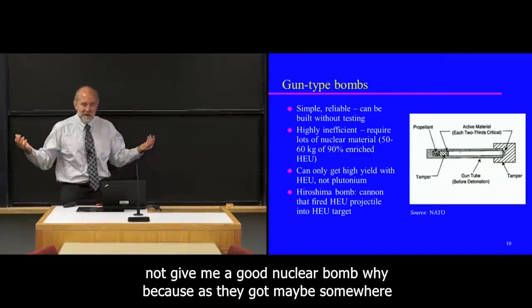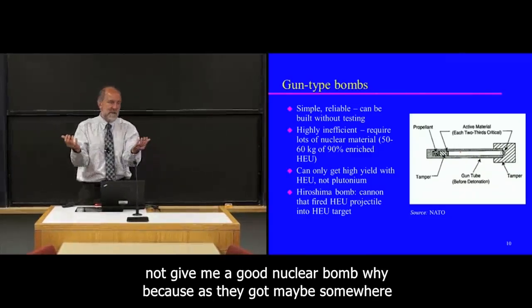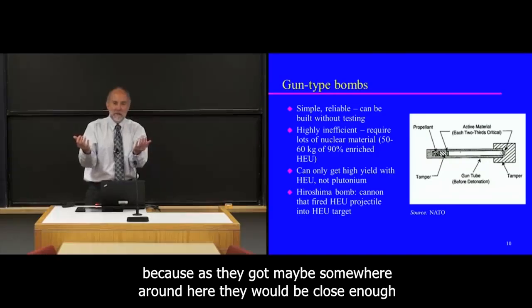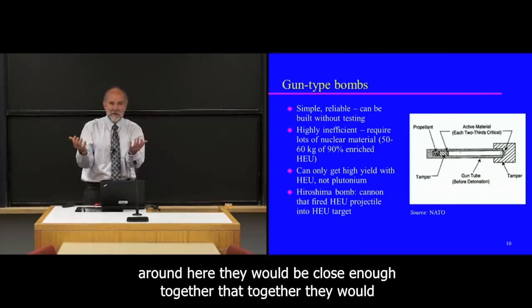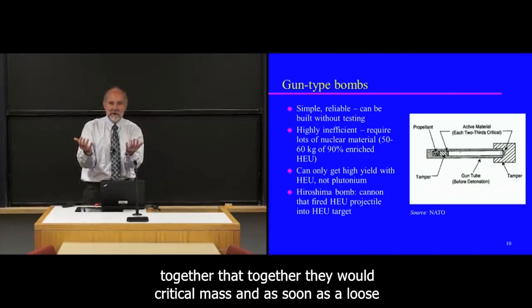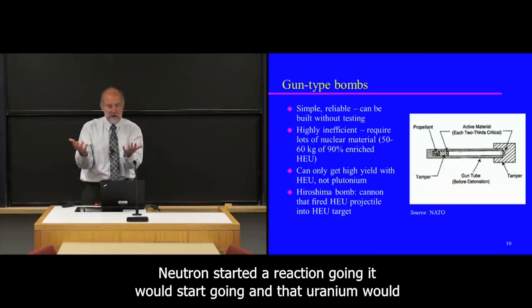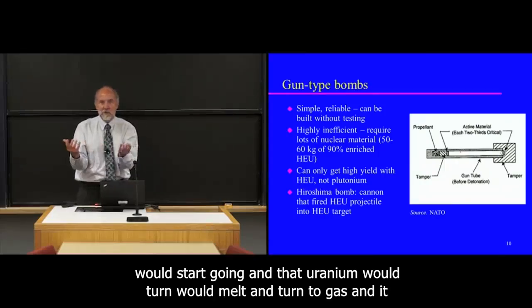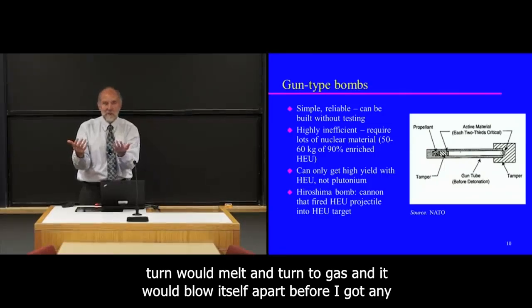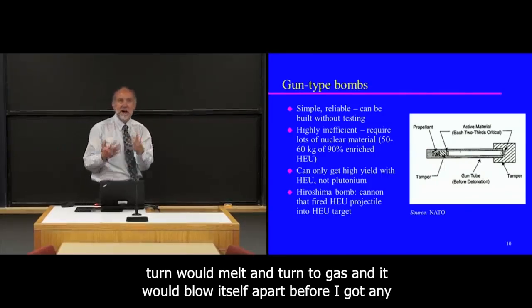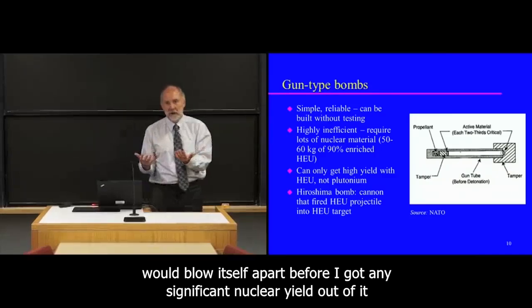Why? Because as they got maybe somewhere around here, they would be close enough together that together they would be a critical mass, and as soon as a loose neutron started a reaction going, it would start going. And that uranium would melt and turn to gas, and it would blow itself apart before I got any significant nuclear yield out of it.